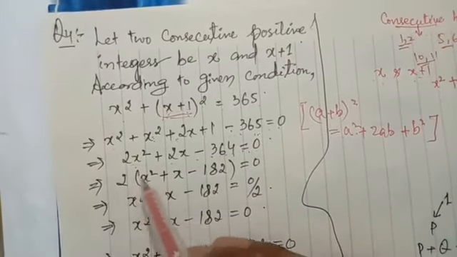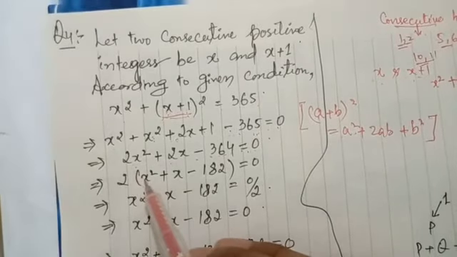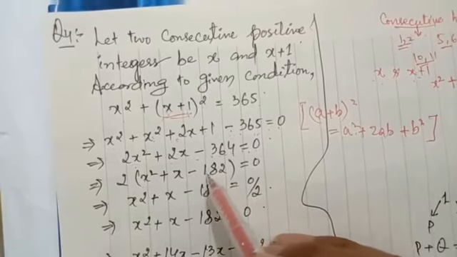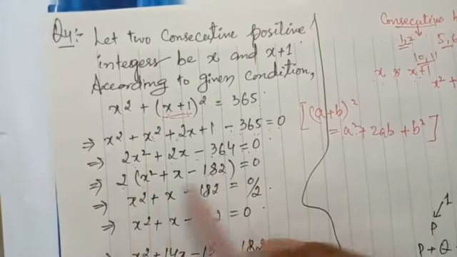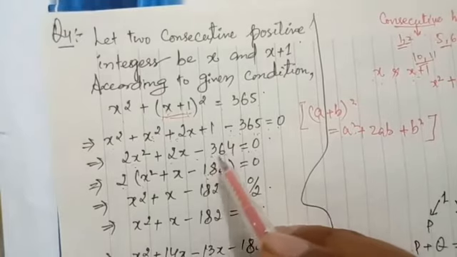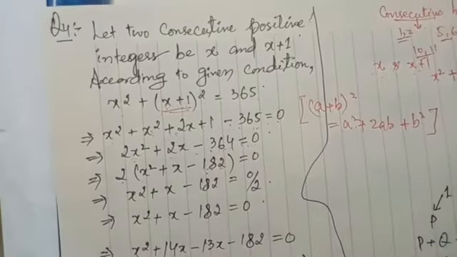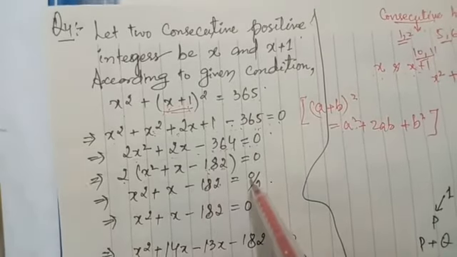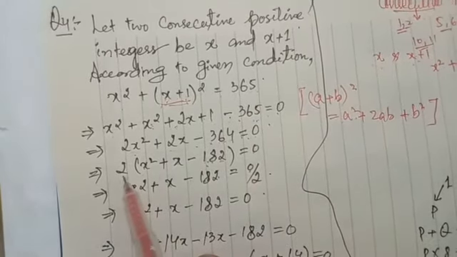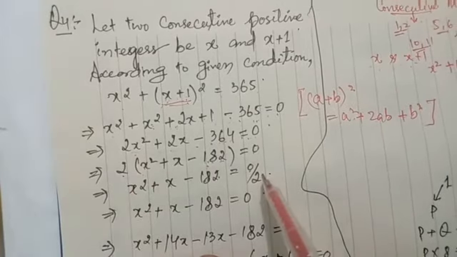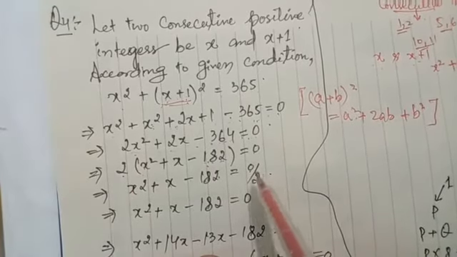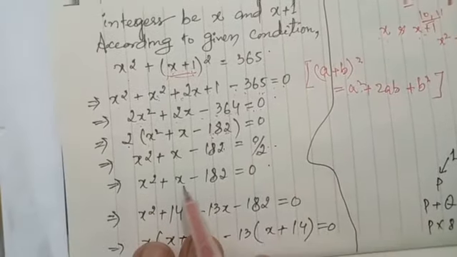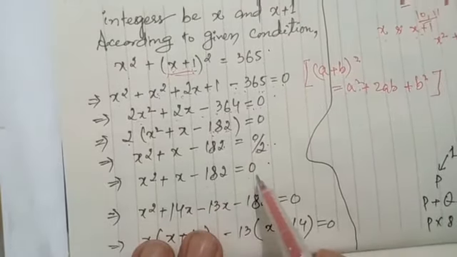In the bracket will remain x square, x, and 182, because 2 into 182 is 364, equal to 0. I took this 2 to the right hand side, where it goes in the denominator of 0. So I will get x square plus x minus 182 is equal to 0.